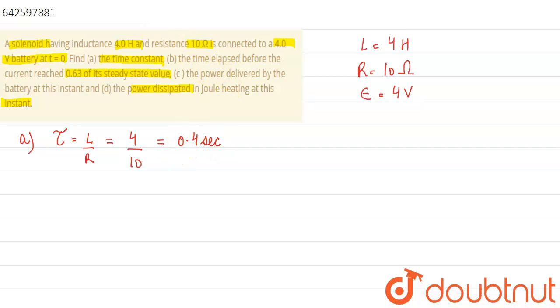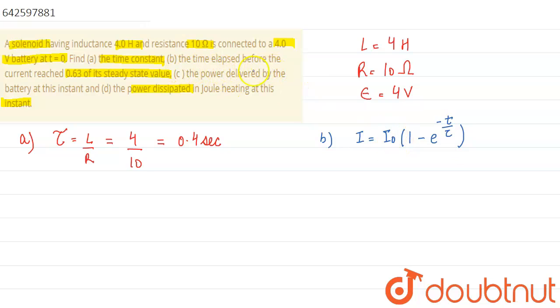Now let's take the second part: the time elapsed before the current reaches 0.63 of its steady state value. We must be familiar with this equation, I is equal to I naught times 1 minus e to the power minus t by tau. In this equation, I naught is the steady state value of the current.